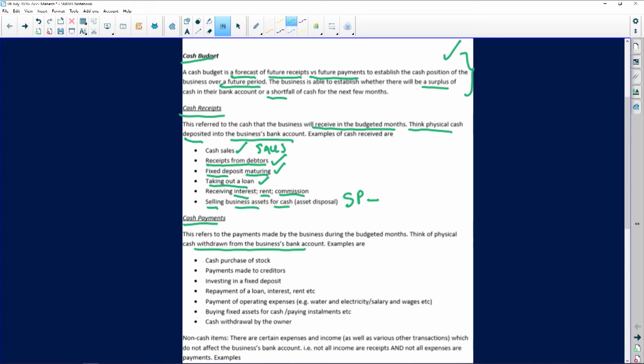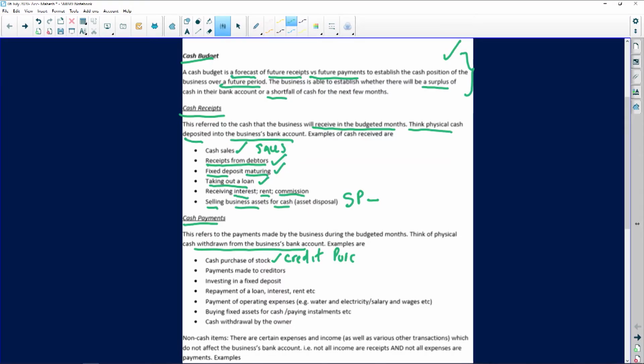Right, examples: cash purchase of stock. And once again, notice I haven't mentioned credit purchase of stock. The focus is on cash purchase. Cash purchase, I buy trading stock, I pay for the item immediately, money is now leaving my bank account. Then when you buy on credit, obviously when you now make payments to creditors, money now leaves your bank account.